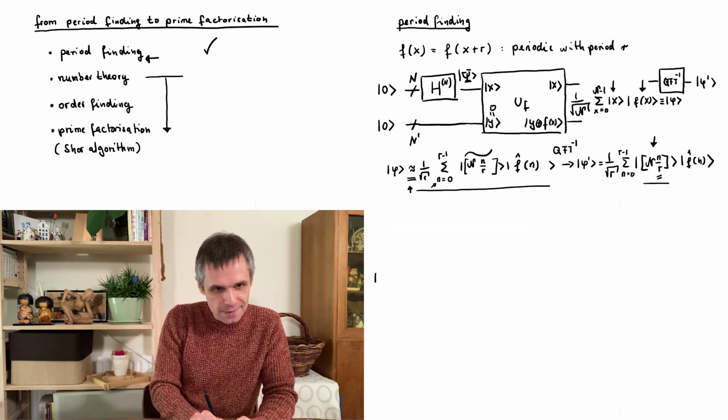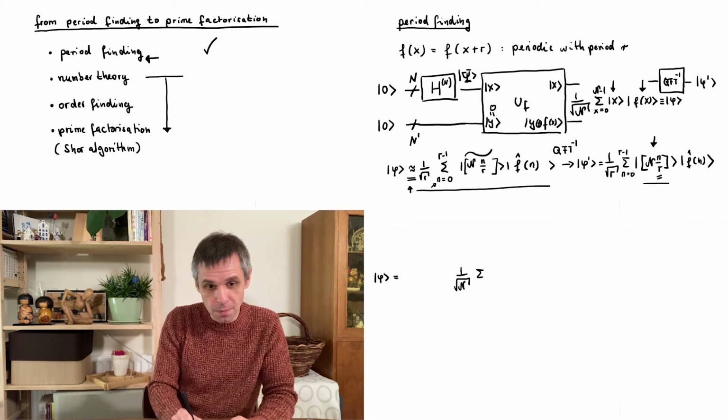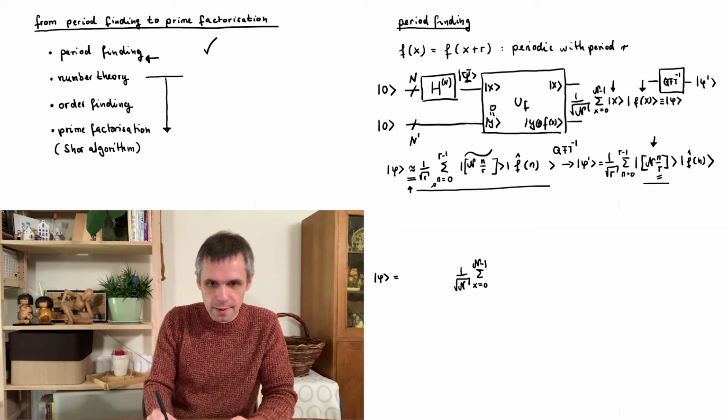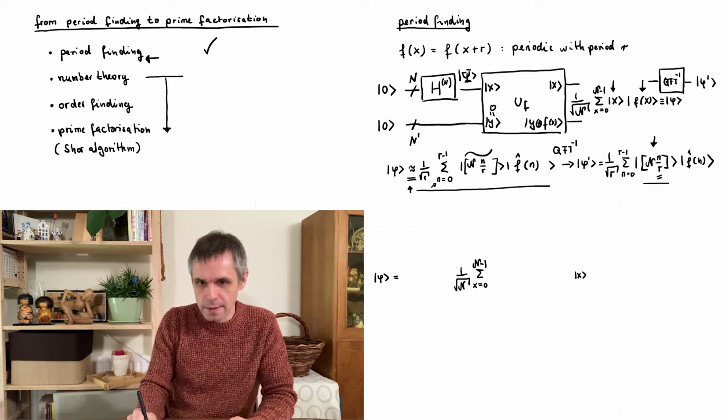For this, I first write down the state phi here in the form that it originally appeared. So with this sum here over x, running over all possible values in the computational basis, and the first n quantum bits in the corresponding state, and the remaining quantum bits in the state f of x.